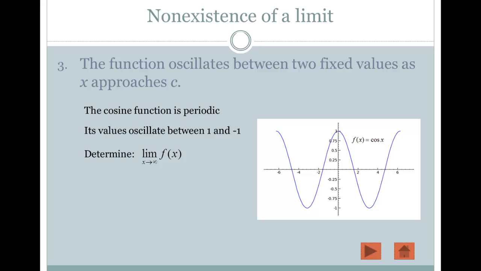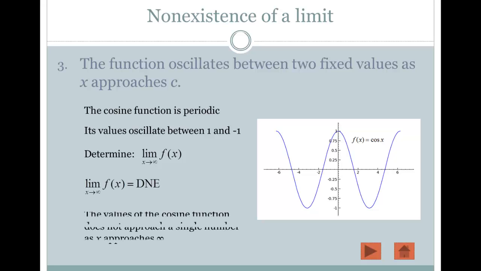It's not going to approach one specific number, and therefore we're going to say that the limit does not exist. Okay, so there are 3 situations where the limit did not exist. One was when the left and right hand limits didn't approach the same number. The other was when we grew without bound, and the other is when we had a function that oscillated between two values.